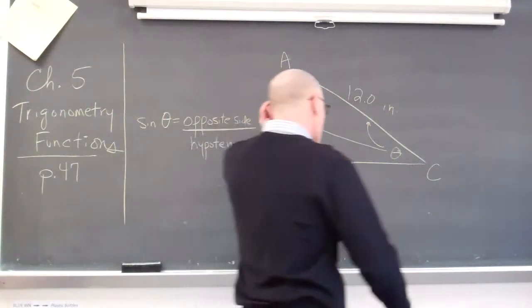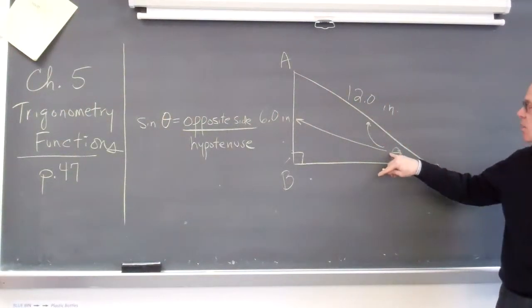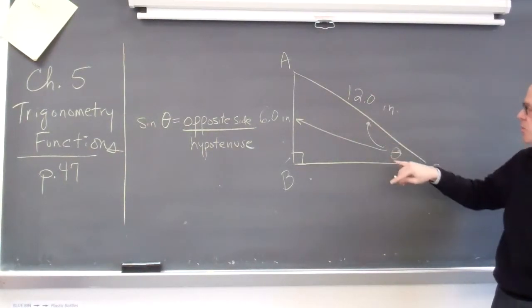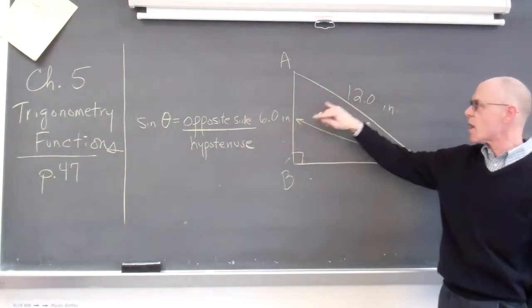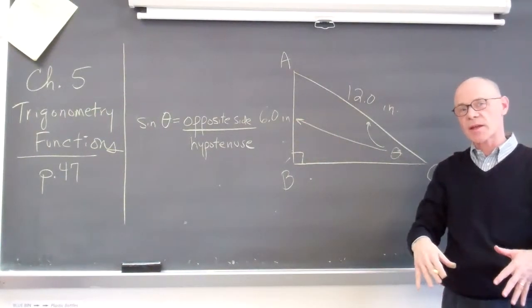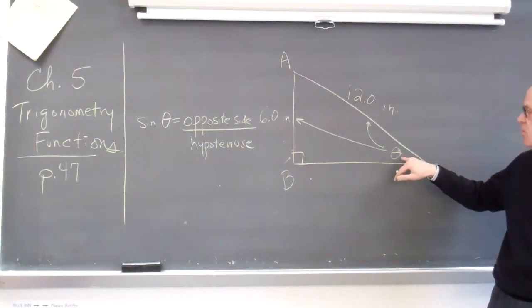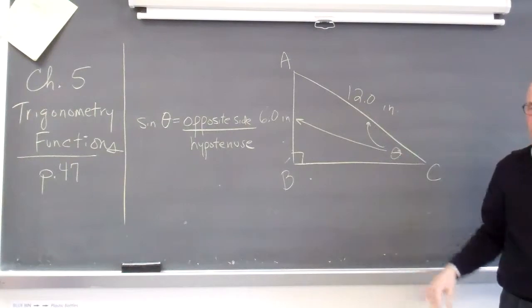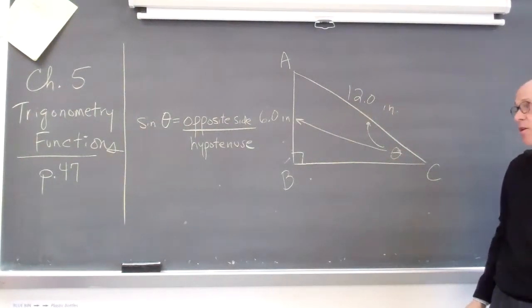And for a given angle, all right triangles with a specific given angle will have the same ratio of sides. No matter how big or small a triangle is, if it has a certain value for an interior angle, the ratio of the side opposite to the hypotenuse will always be the same, and your calculator knows that.